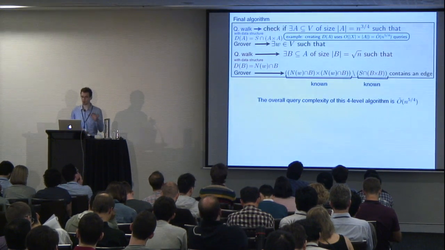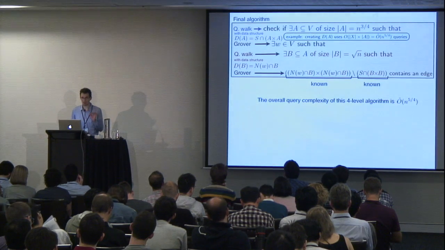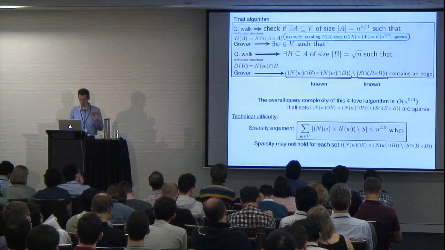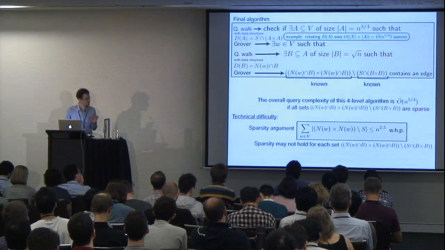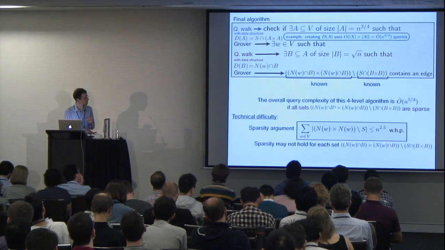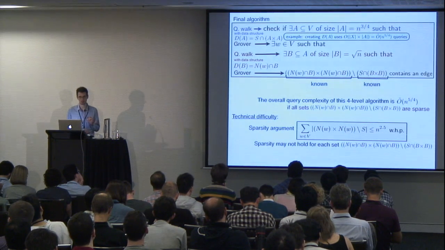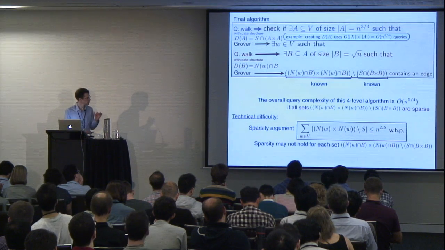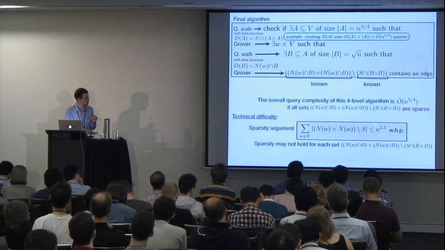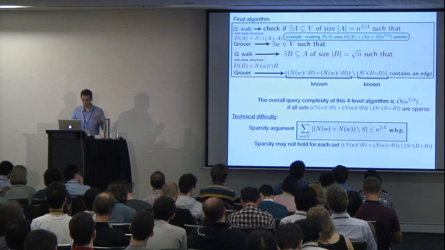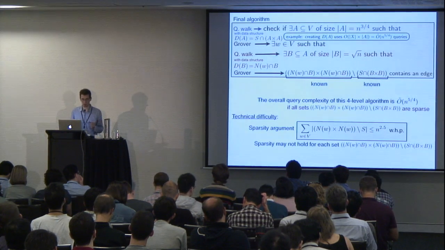But there is a significant technical difficulty. This analysis works if all these sets are sparse. But what we know about the sparsity of the graph is this inequality. So we have only a global sparsity condition on the graph.